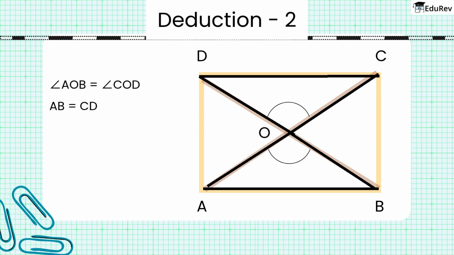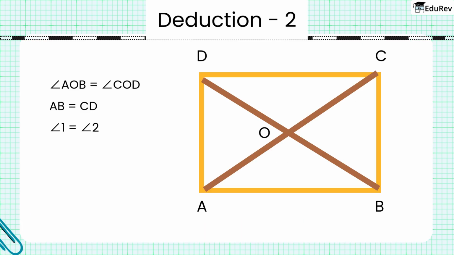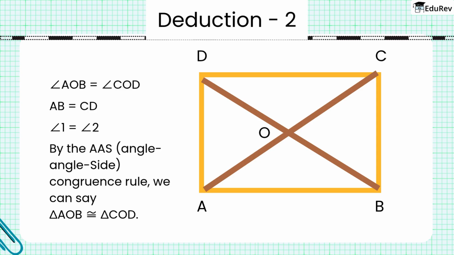Let's call angle DCA angle 1 and angle CAB angle 2. Since AB is parallel to CD, these are alternate interior angles, which means 1 is equal to 2. So, we have an angle, another angle, and a side. By the AAS, angle angle side, congruence rule, we can say triangle AOB is congruent to triangle COD.